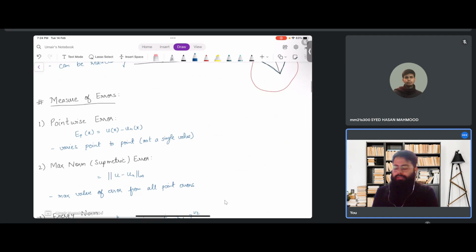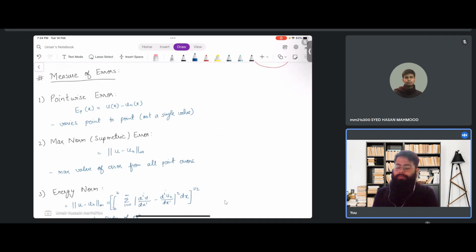The next is the max norm or the supremum error. This is basically the maximum value of error from all the point errors. It's something useful which can be derived from our pointwise error.